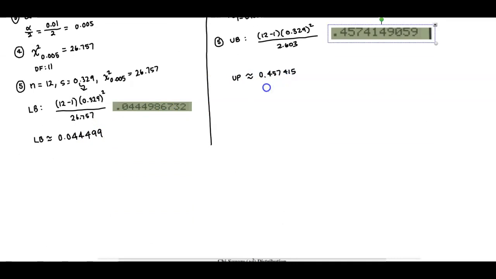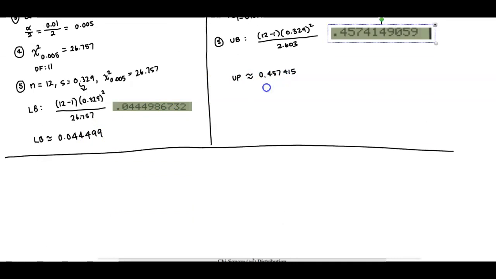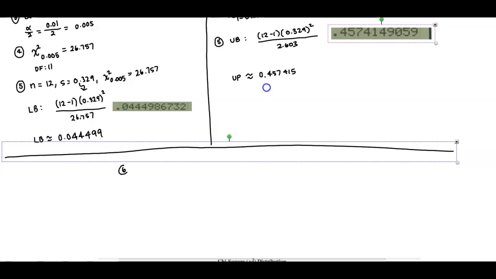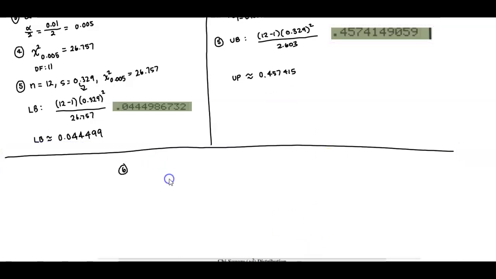So in step 6, we want to find this interval. This interval suggests that we need to take the square root of the lower bound, and the standard deviation will be between that and the square root of the upper bound.